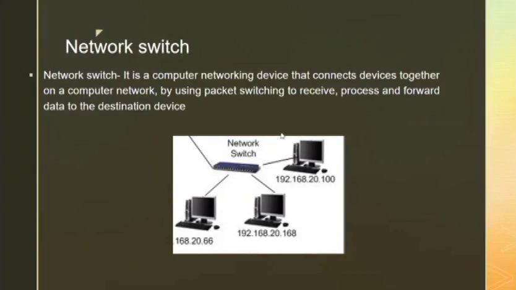So you can see here three computers with several network addresses. These are connected to the network switch. That means computer A can transmit data to B, or B can transmit to the C computer. So that is working together because of the computer network switch.